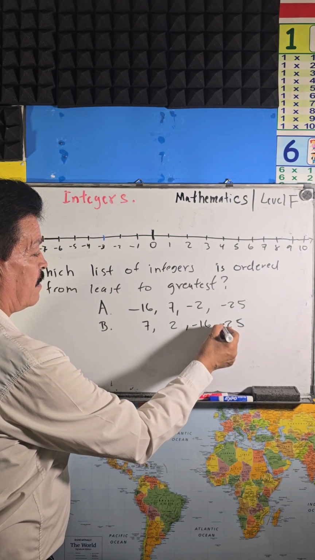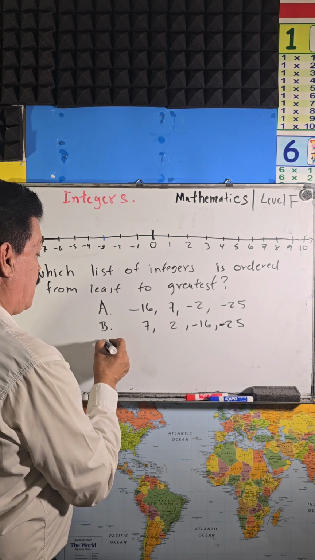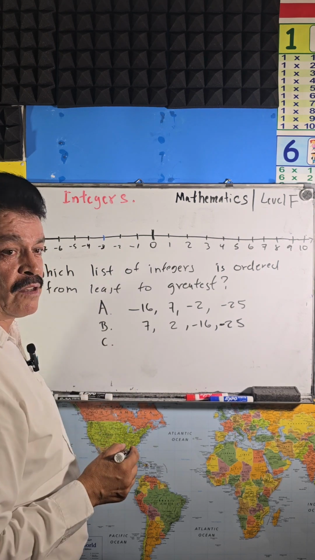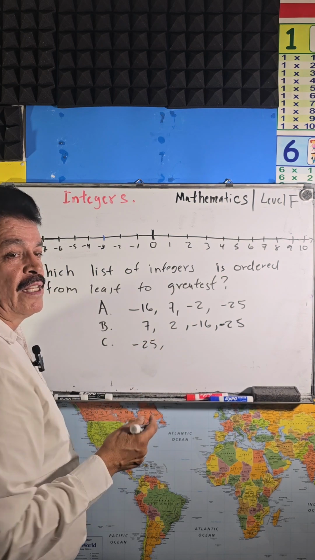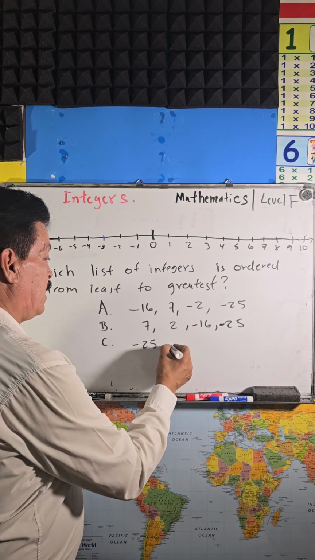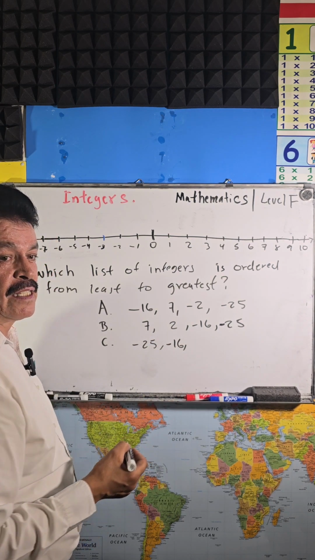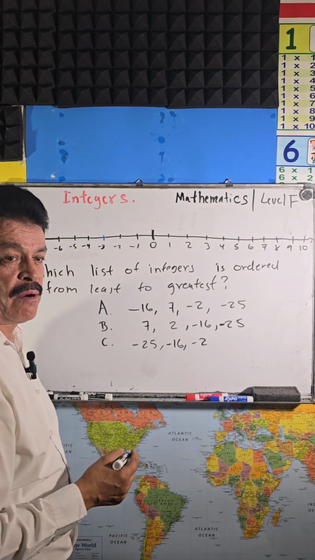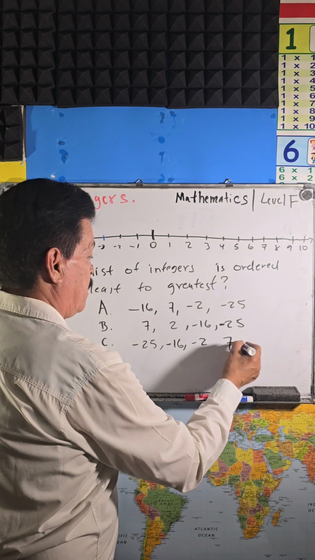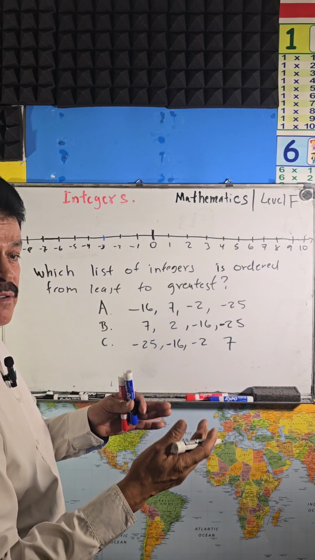C is another list: negative 25, negative 16, negative 2, 7. Same numbers, but in different order, okay?